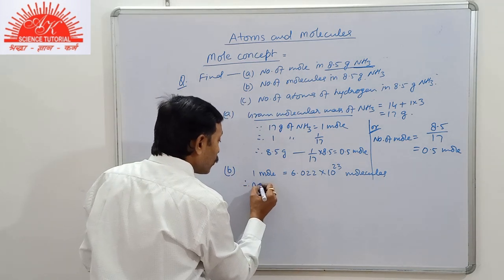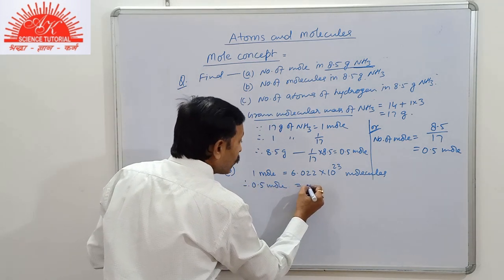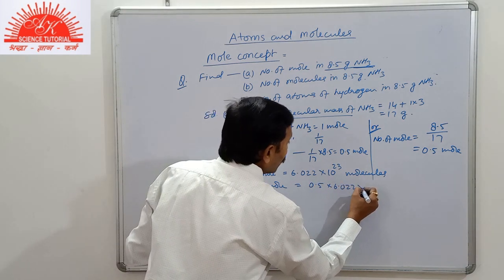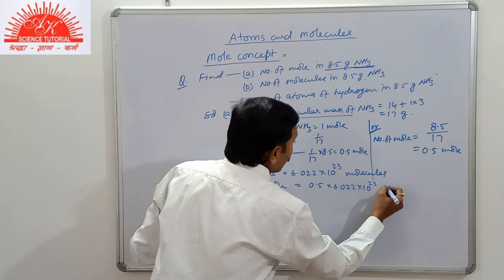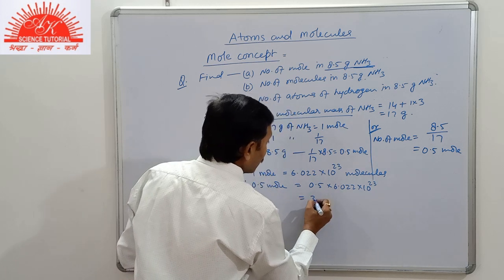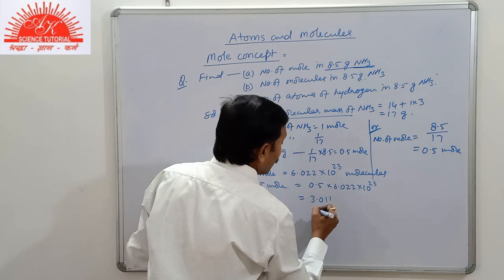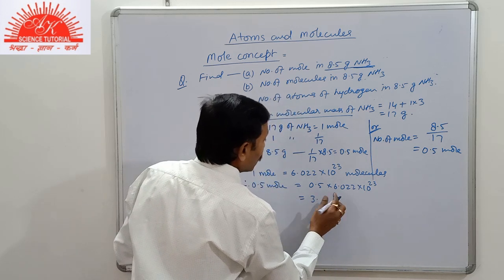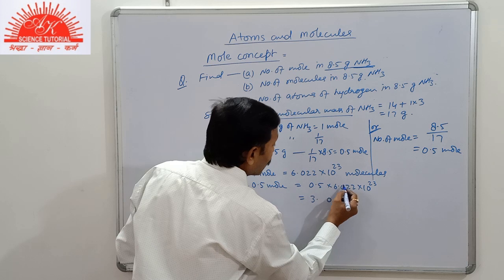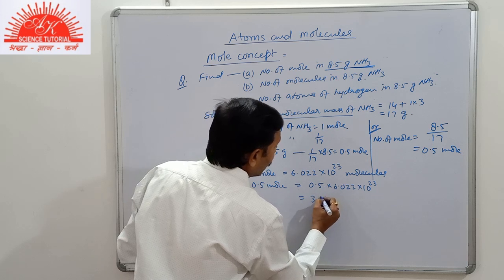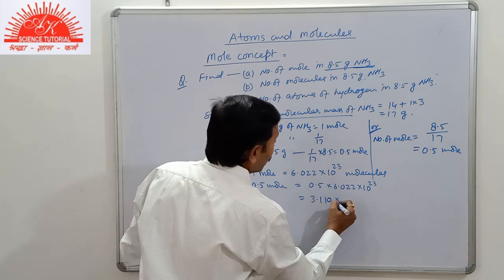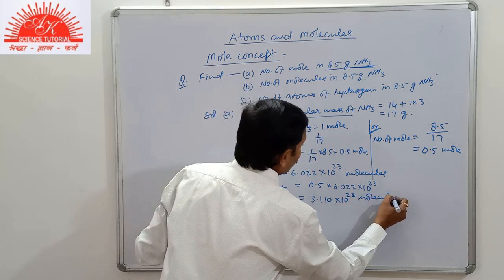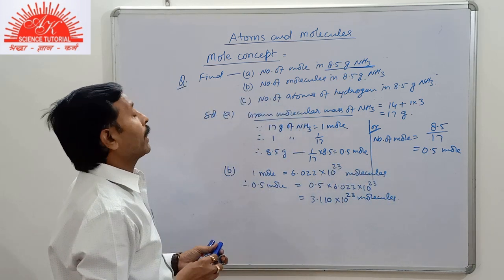Therefore 0.5 mole is equal to 0.5 into 6.022 into 10 power 23 molecules, that is 3.011 into 10 power 23 molecules. So this is the second part.